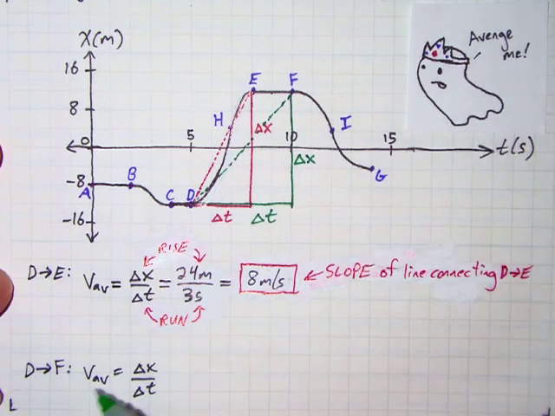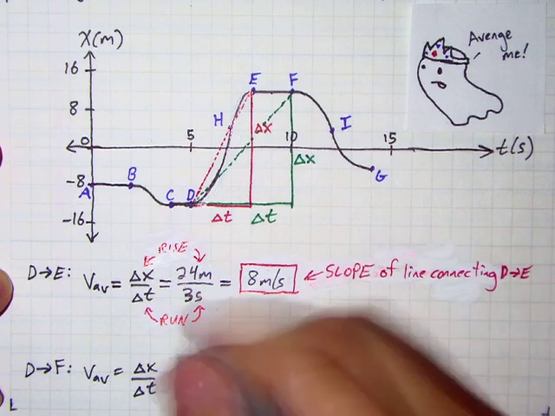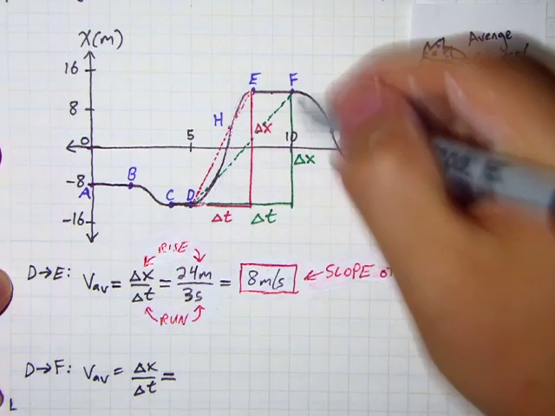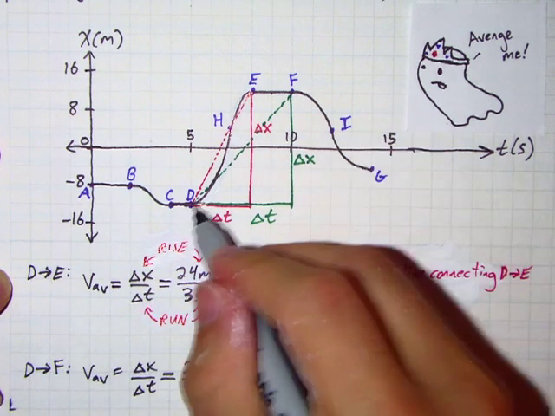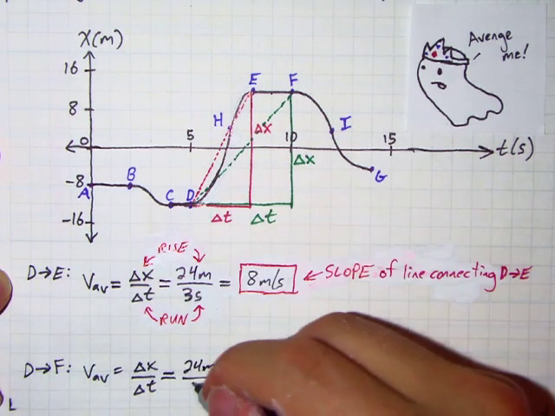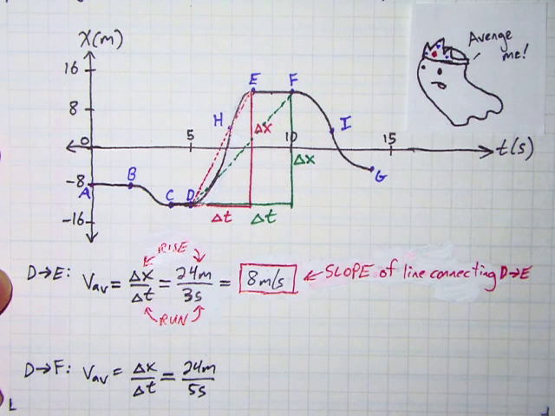So now when I'm calculating the average velocity between those two events, what I'm doing is taking the rise over the run. Our delta x is again 24 meters, but our run now, our time interval, is 5 seconds.